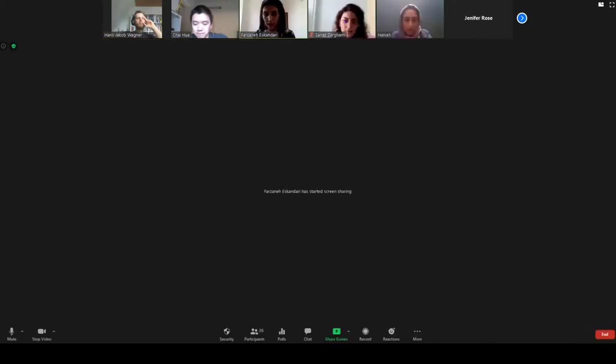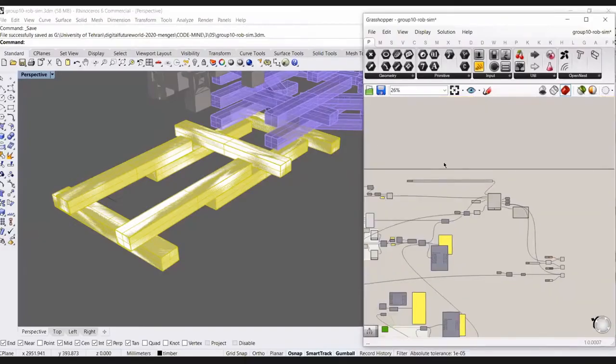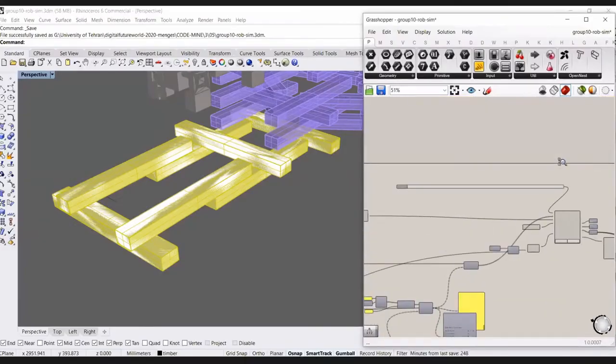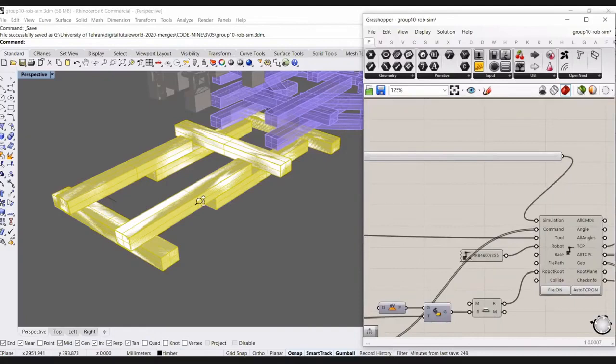Do you have my Rhino screen right now? Yes. Yes. Okay, I was just saying it's a bit heavy.